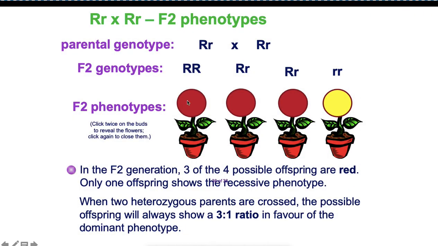So 3 of these 4 offspring are going to have red petal color, and only one of them is going to obtain the recessive alleles. When two heterozygous parents are crossed, the possible offspring will always show a 3 to 1 ratio in favor of the dominant phenotype, which was actually the discovery of Mendel.